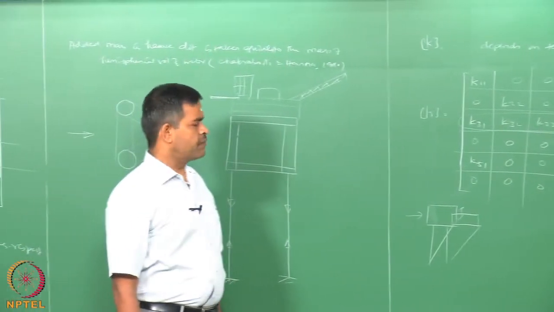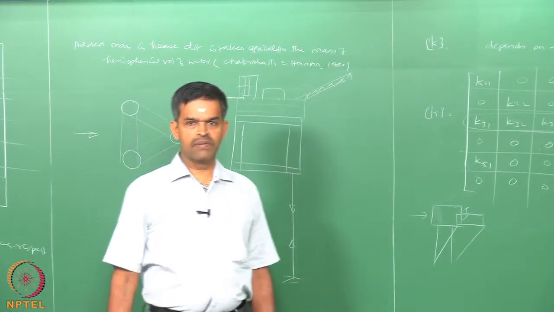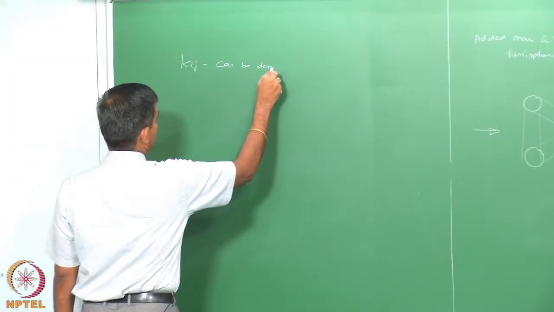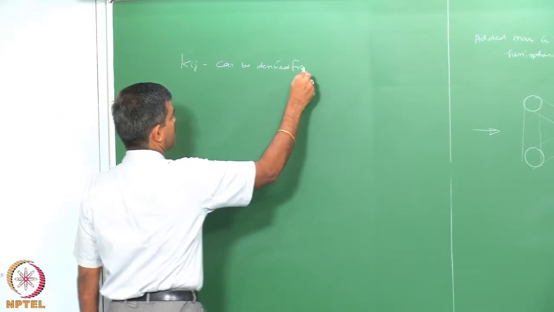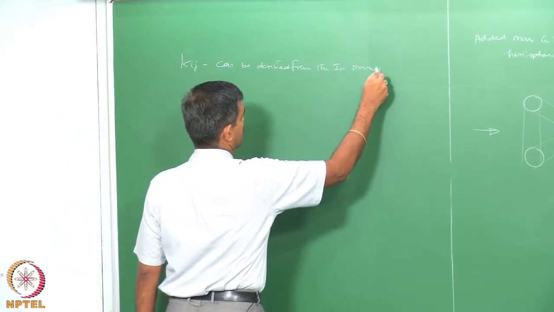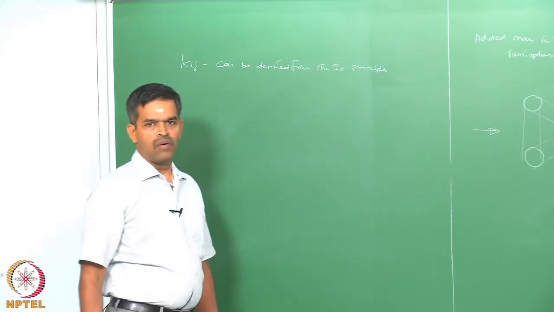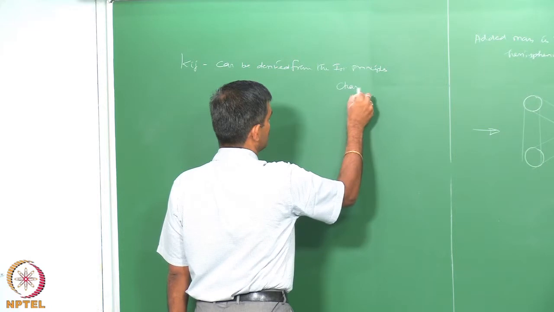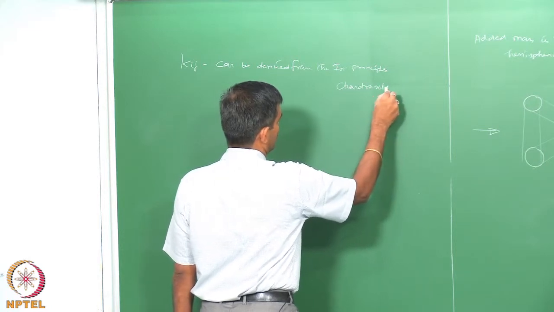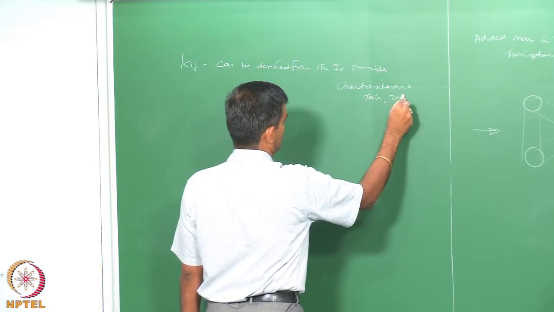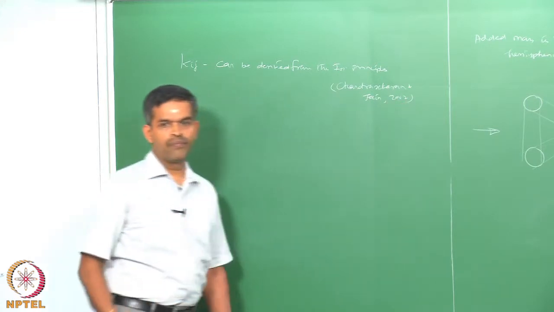So, coefficients of stiffness matrix, Kij, can be derived from the first principles. One can easily see it from the literature. Chandrasekaran and Jain, 2002.